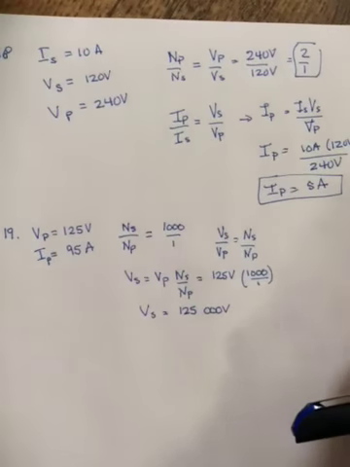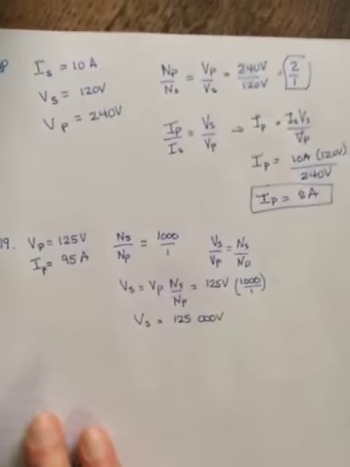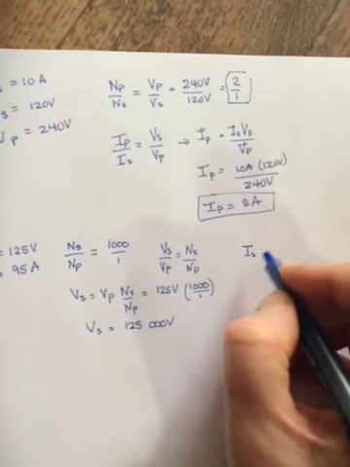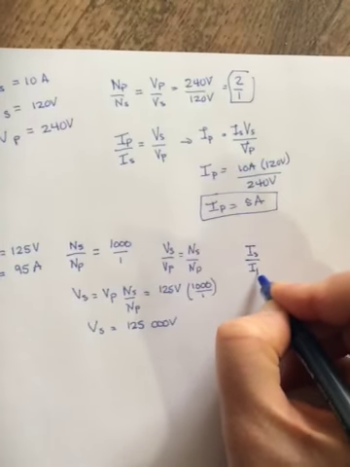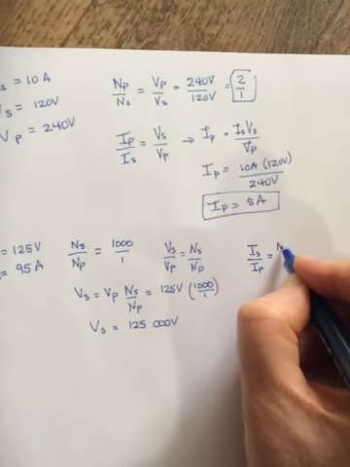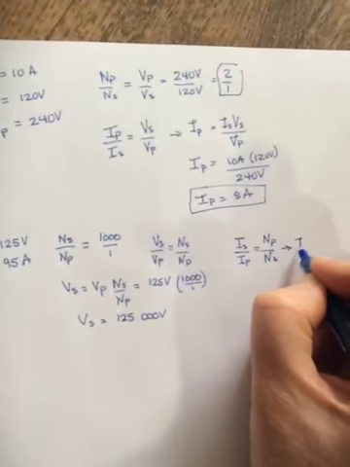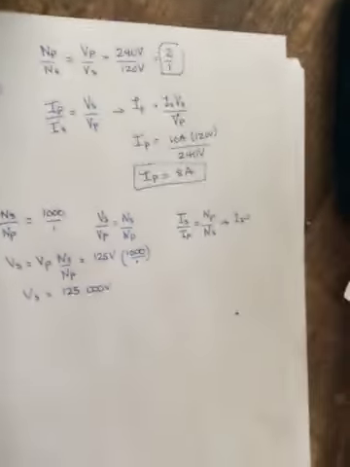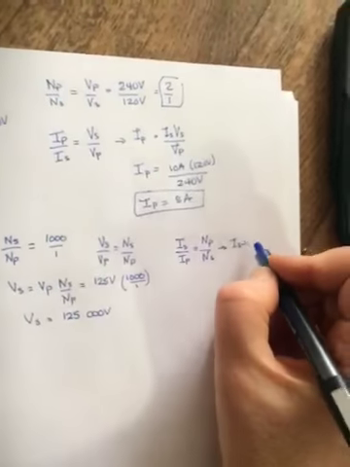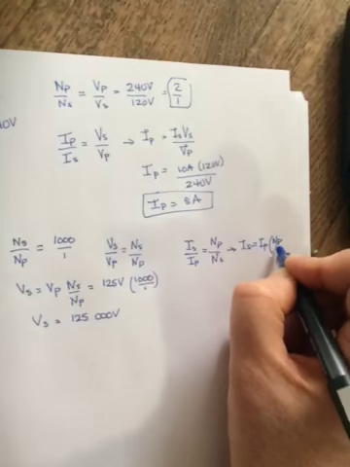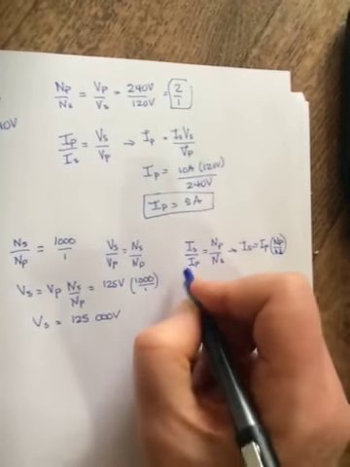Part B says what current flows in the secondary. So now we're looking for Is. And we know Is over Ip is equal to Np over Ns. So Is is going to equal Ip times Np over Ns.